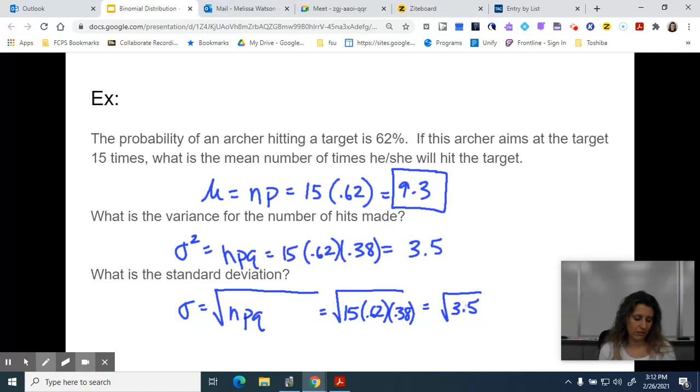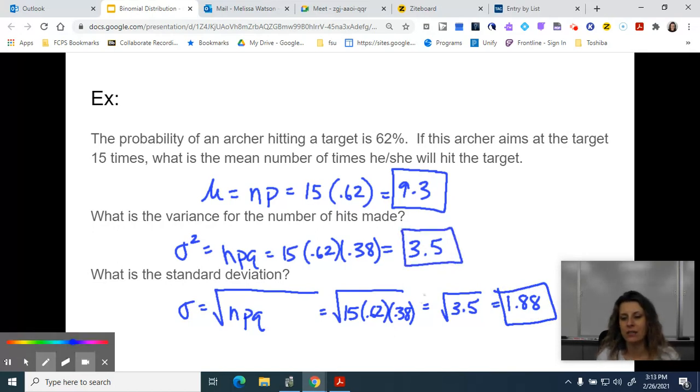And I get 1.88 if I round to 2 decimal places. I guess if I was rounding to 1, I could say that that was 1.9. Again, I accept a range of values as long as you're not rounding to a whole number. Keep at least 1 decimal place and appropriate rounding to that decimal place.